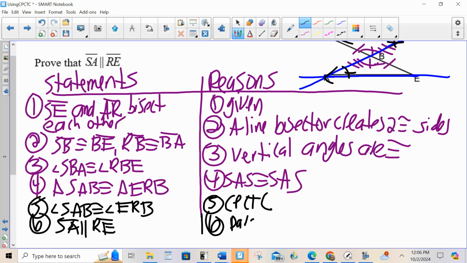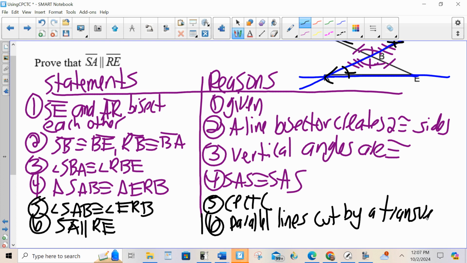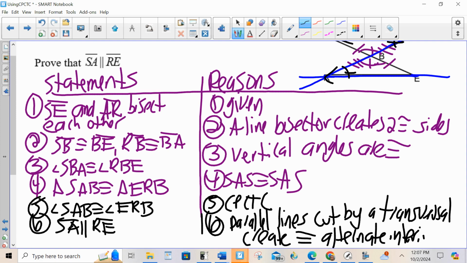Parallel lines cut by a transversal create congruent alternate interior angles.